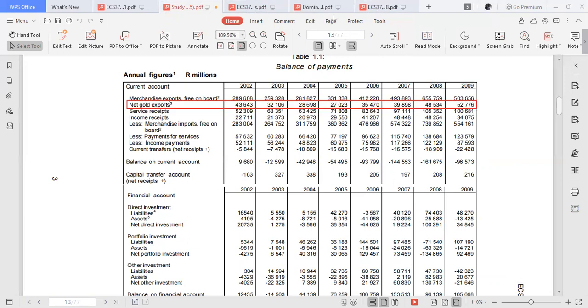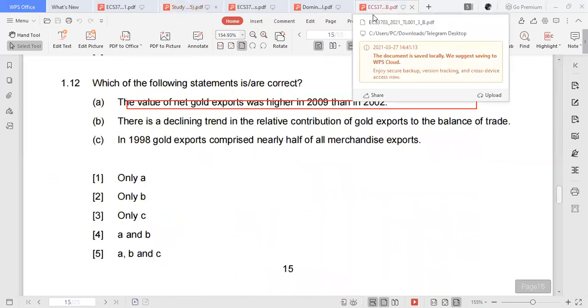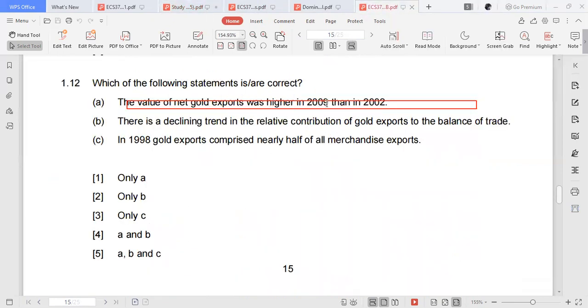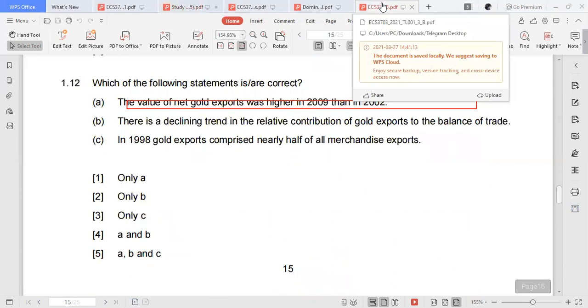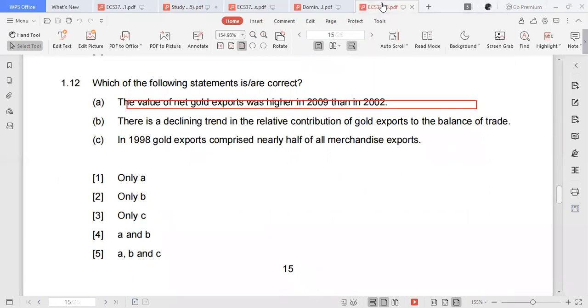So it is saying the value of net gold exports was higher in 2009 than in 2002. In 2009, we have 52,776 and in 2002, we have 43,643. Is this correct or not? That is correct. Option A so far.